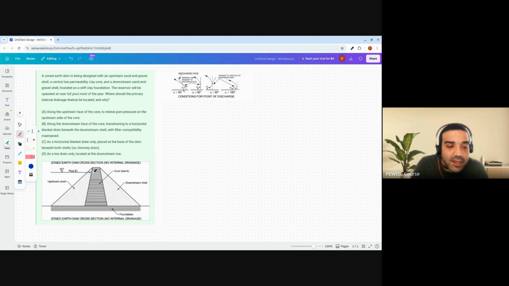And then when you go to the clay, you have a decline, and it is almost like a discharge. So the phreatic line becomes tangential to the boundary, something like this.